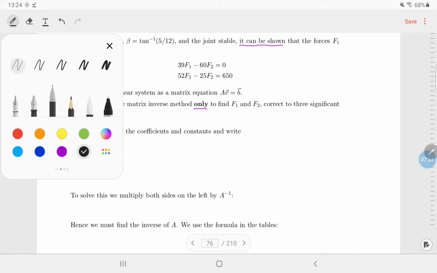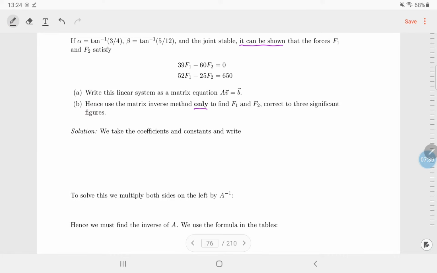Okay, so we take the coefficients and the constants and we write it in this form. The coefficients are 39 F1 minus 60 F2, 52 F1 minus 25 F2. The coefficients are the numbers that multiply the variables, and you put them all in the matrix like this.